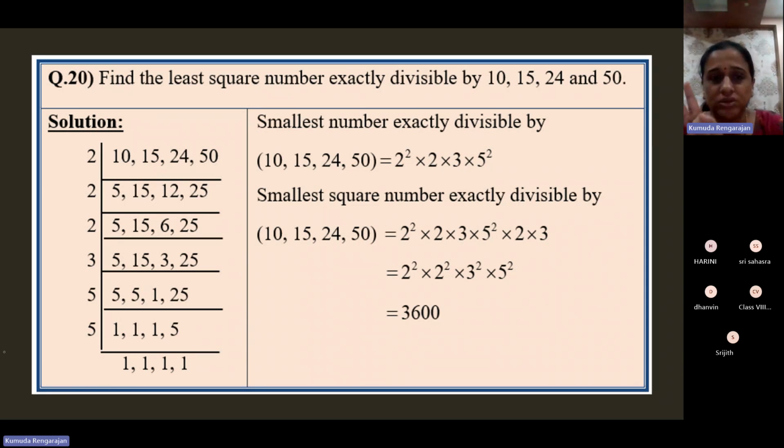So understand two things. 600 is the smallest number that is exactly divisible by these four numbers. 3600 is the smallest square number exactly divisible by these four numbers.